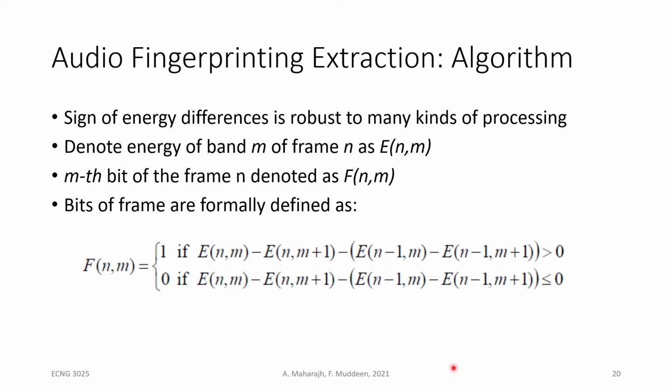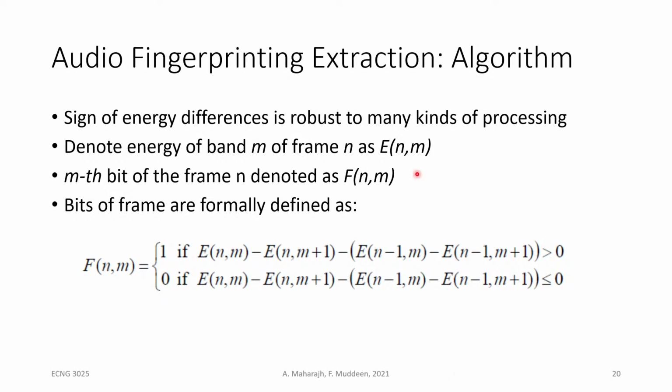Now, in using the power spectral density to calculate the energy of our signal here, after we do all those bit derivations and so forth, any energy differences are going to be very robust to different sorts of processing that we'll be doing on our signal.